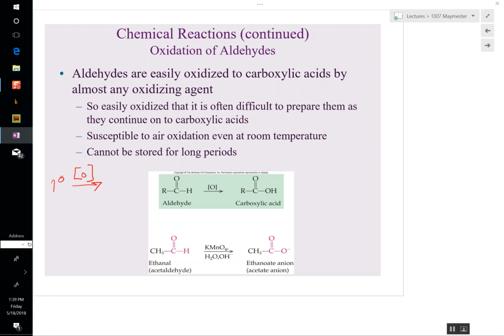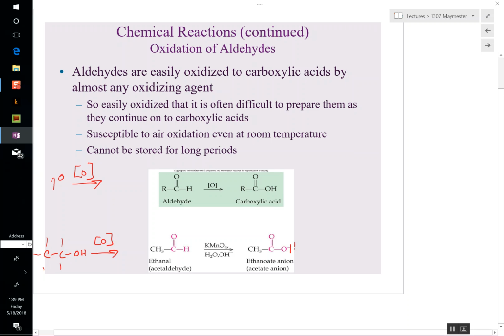So let's finish. Ethanol can oxidize to form ethanal. Ethanal can oxidize to form ethanoic acid. If we had an H right here, that would be ethanoic acid, or acetic acid.